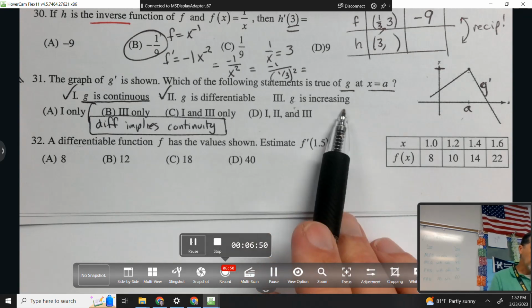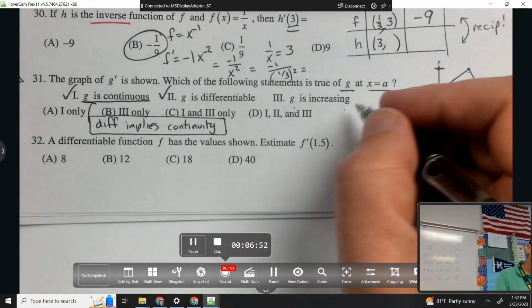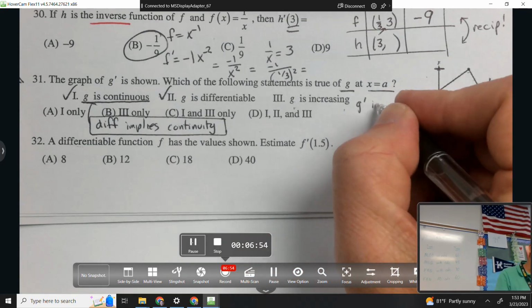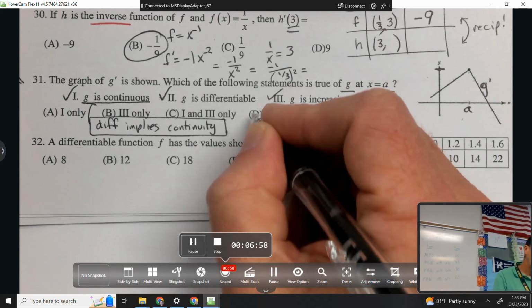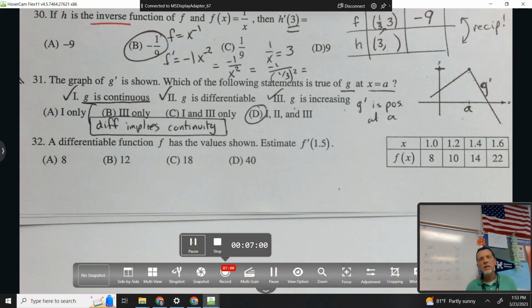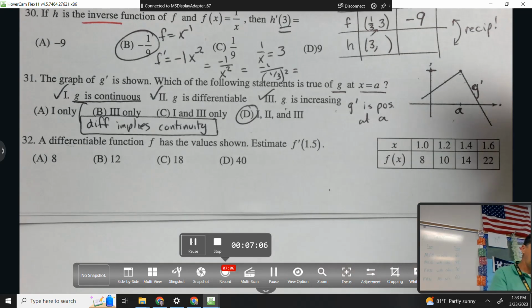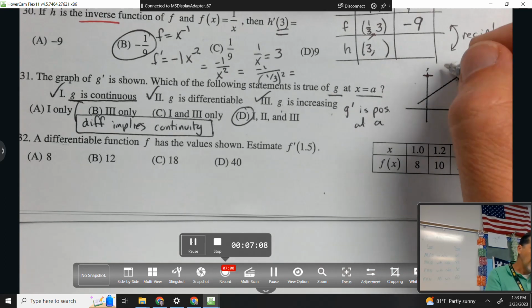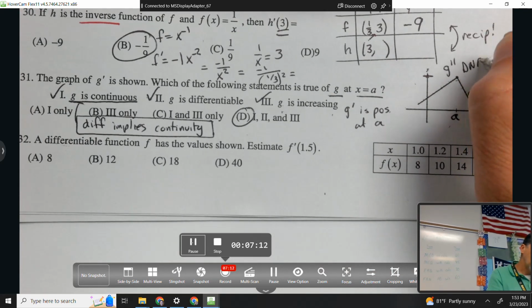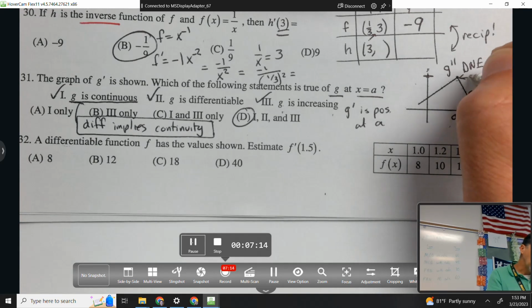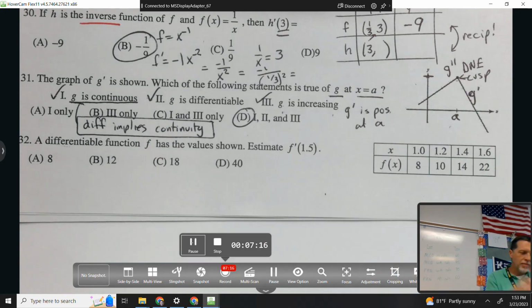G is increasing, because G prime is positive at A. Now, the weird part is, yes, there's a kink there, so G double prime does not exist because that's a cusp. But we didn't have anything about second derivative or concavity or anything like that.